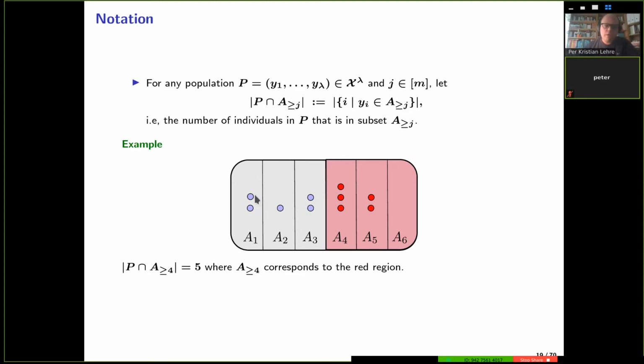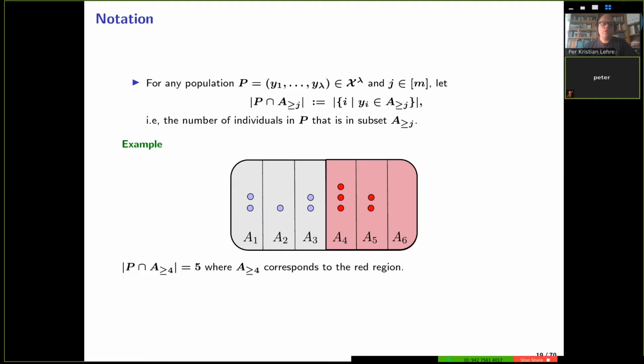So if the population are these dots here, then P intersection A at least 4 equals 5, because 5 of the individuals in the population belong to level 4 or higher.